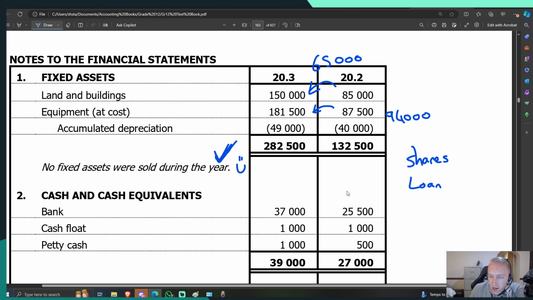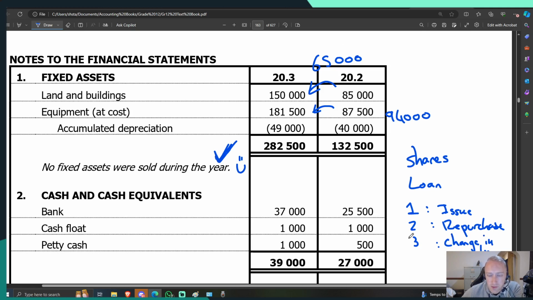You could have one line for issue of new shares. You could have another line for repurchase of shares, and you can have a third line for changes in loan. So an increase or decrease in loan.